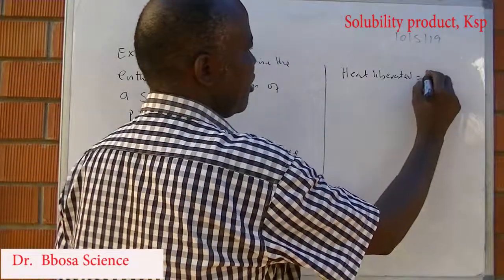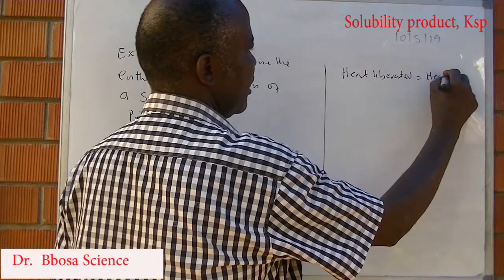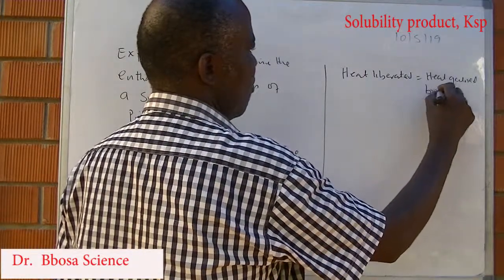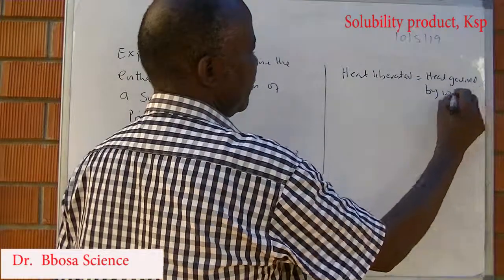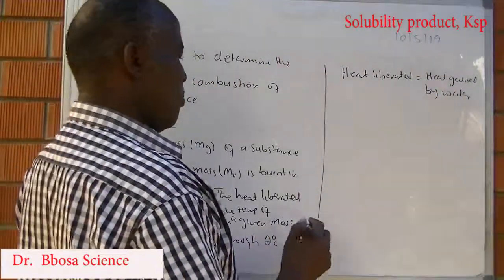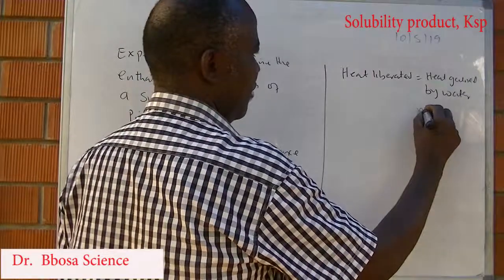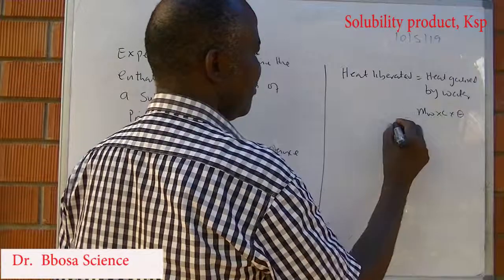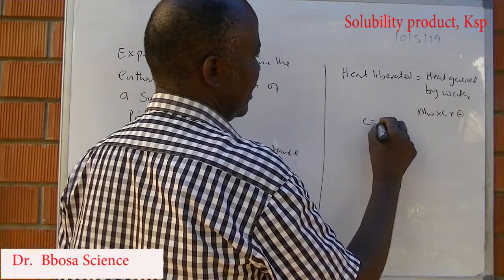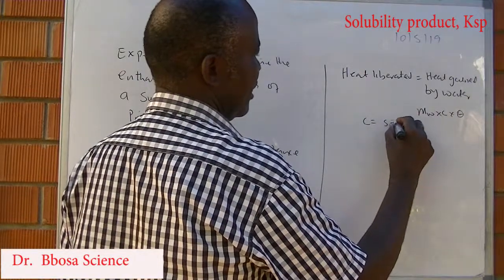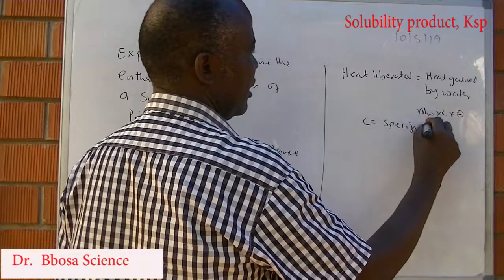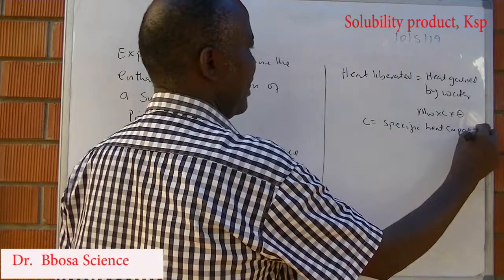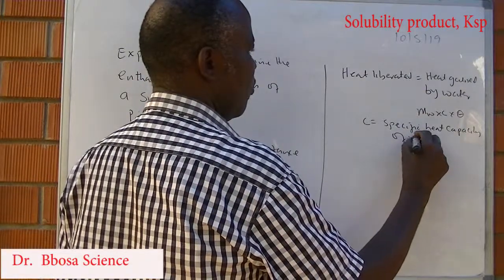Heat liberated is equal to heat gained by water. Heat gained by water will be mw times c times theta, where c is specific heat capacity of water.